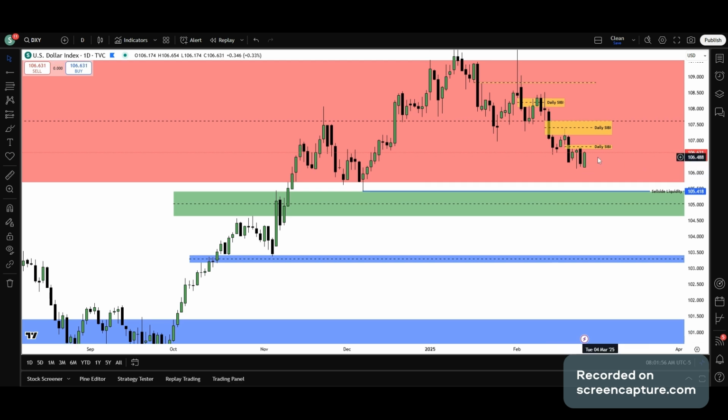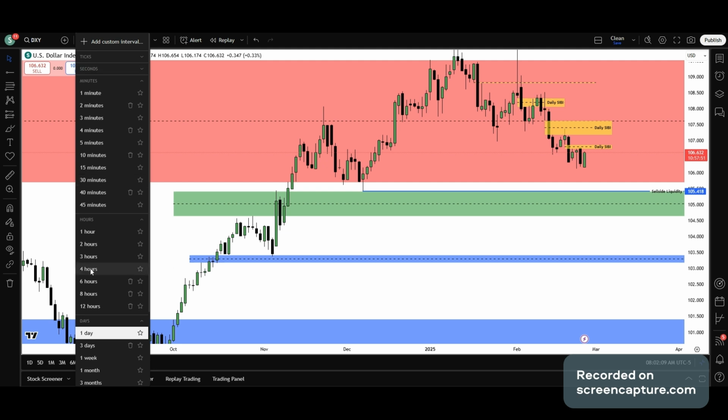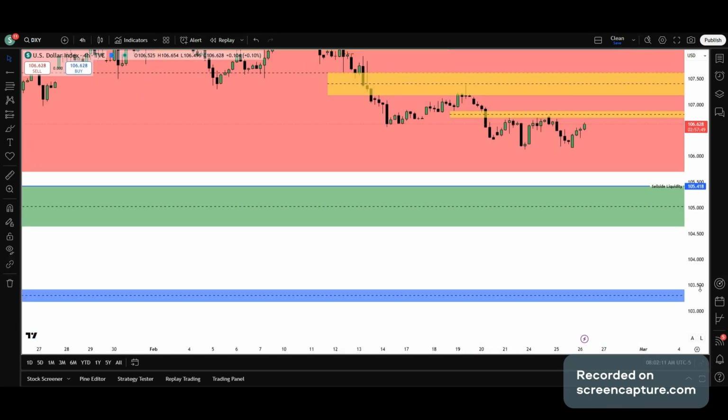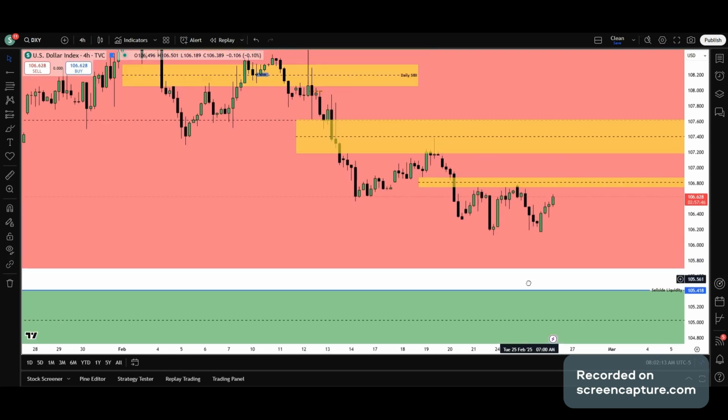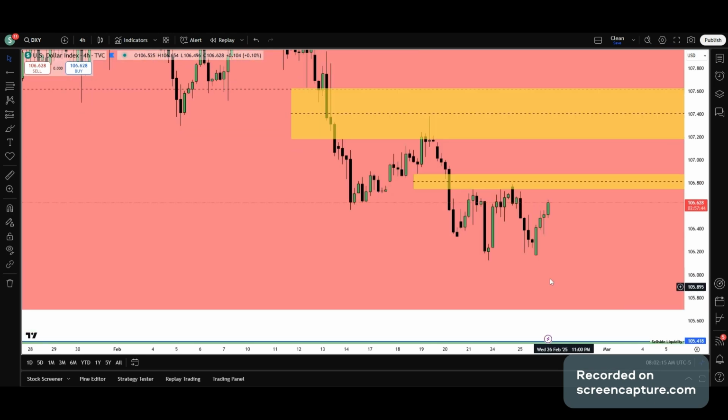So right now, we've keyed off of our most recent daily sell side imbalance, buy side inefficiency. And so from there, I like to use the 4-hour and the 1-hour to read intraday structure or intra-week structure.